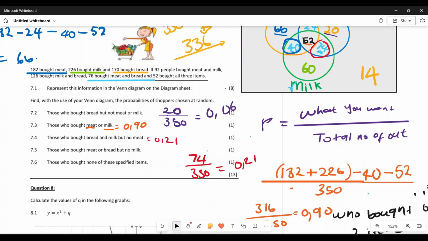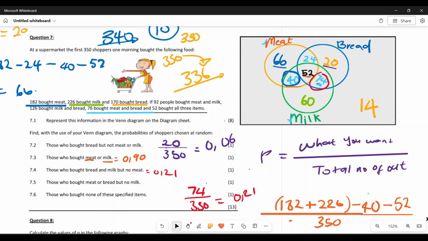So the probability of people who bought meat or bread but no milk, right? First, I'm going to identify the number of people who bought meat only, plus the number of people who bought bread only, which is 20, plus the number of people who bought meat and bread only, which is 24. Because remember, these people must exclude anyone who bought milk.